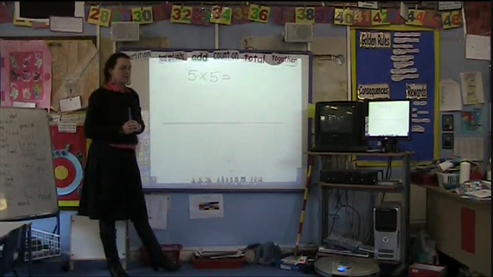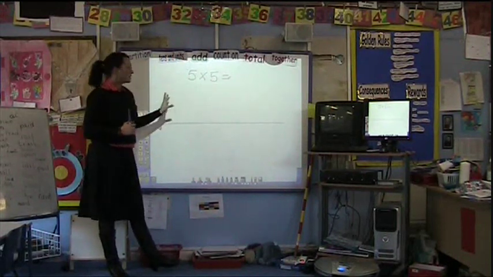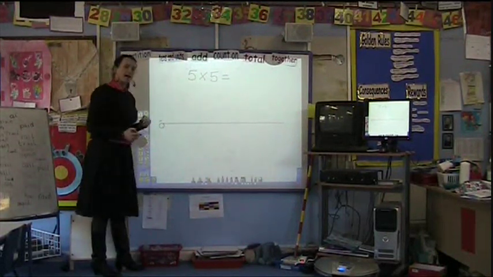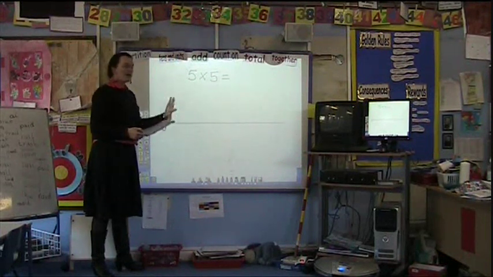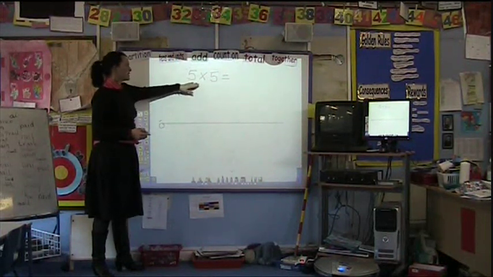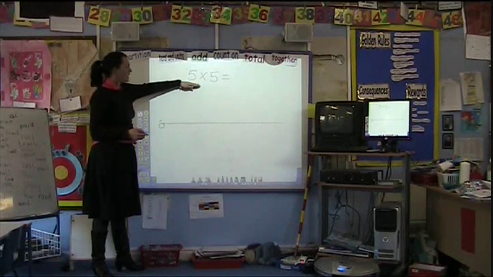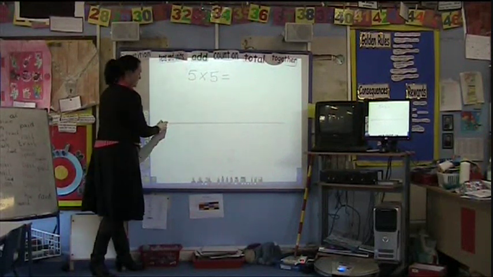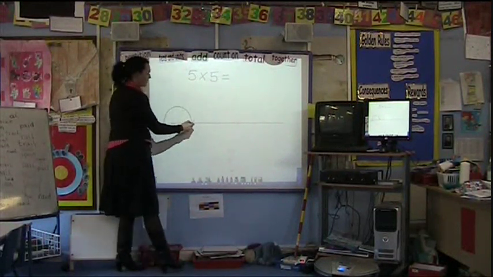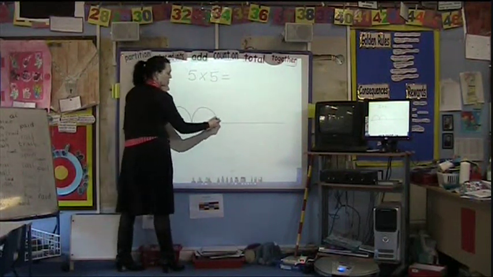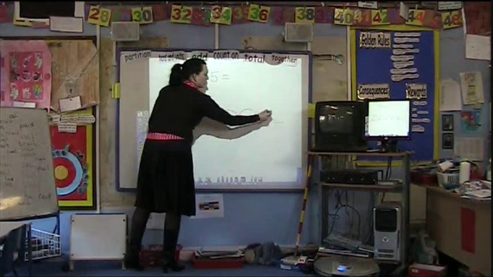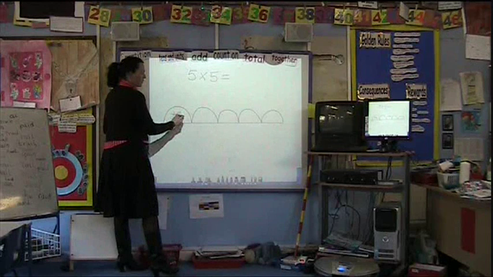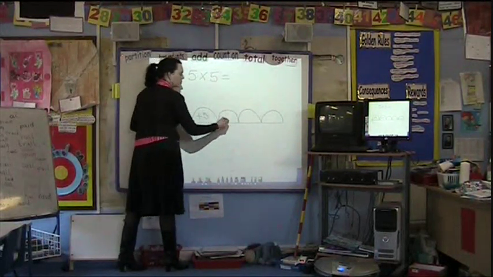If we had the sum 5 times 5, we'll be able to show this on the number line by starting at 0. Okay. We're going to be jumping on 5 lots of 5, because this sum clearly shows that I've got 5 groups, 5 lots, 5 sets of 5. Okay, so I'm going to draw my 5 jumps of 5. 1, 2, 3, 4, 5. And then inside our jumps, we know that it's 5 more.